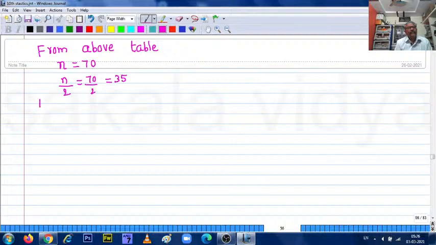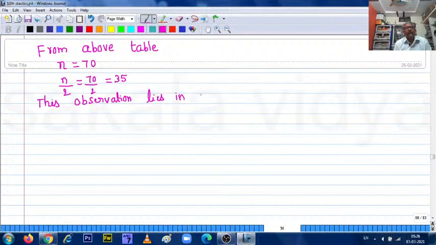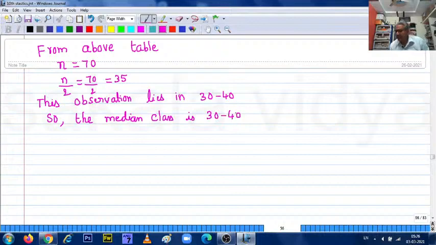So this observation lies in 30 to 40. So the median class is 30 to 40.